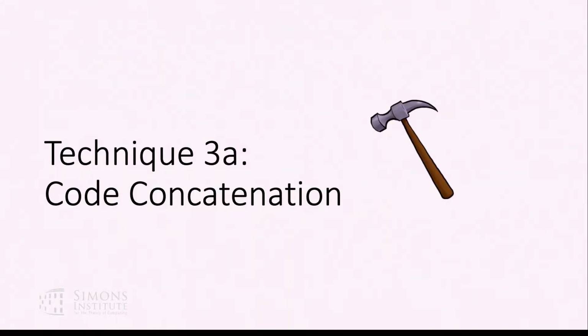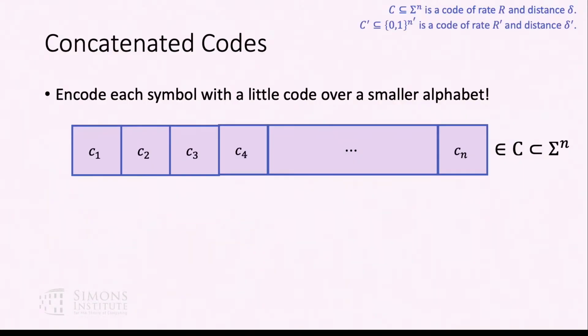This is the first thing you would try when you have a code over a big alphabet and you want it to be over a small alphabet. You take your codeword, which has all of these symbols that live in a big alphabet, and I'm going to treat each symbol as a little message and encode it with a little binary code. Let's say C prime is some little binary code.